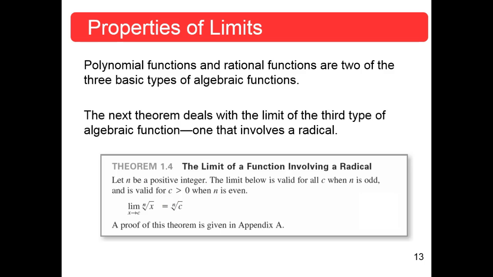Let's move to, all right, more properties. Polynomial functions and rational functions are 2 of the 3 basic types of algebraic functions. What's the other one? It's the one you were mentioning. Radical functions. The next theorem deals with the limit of the third type of the algebraic functions, one that involves a radical.